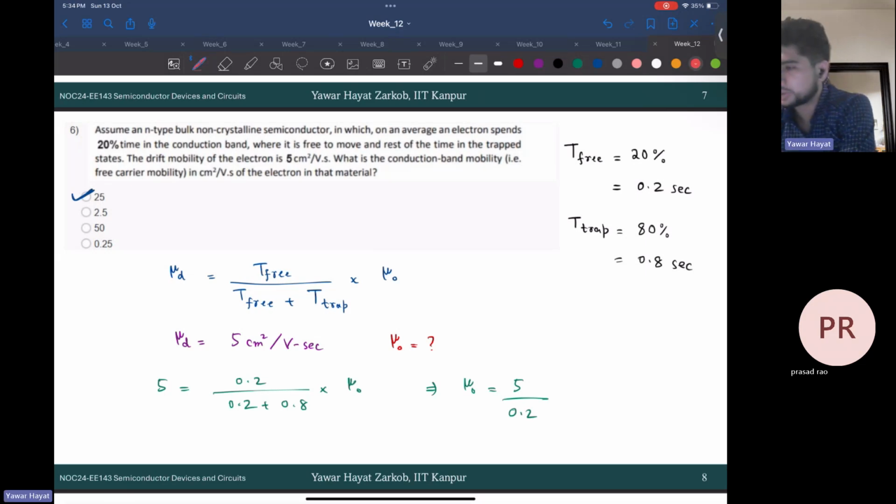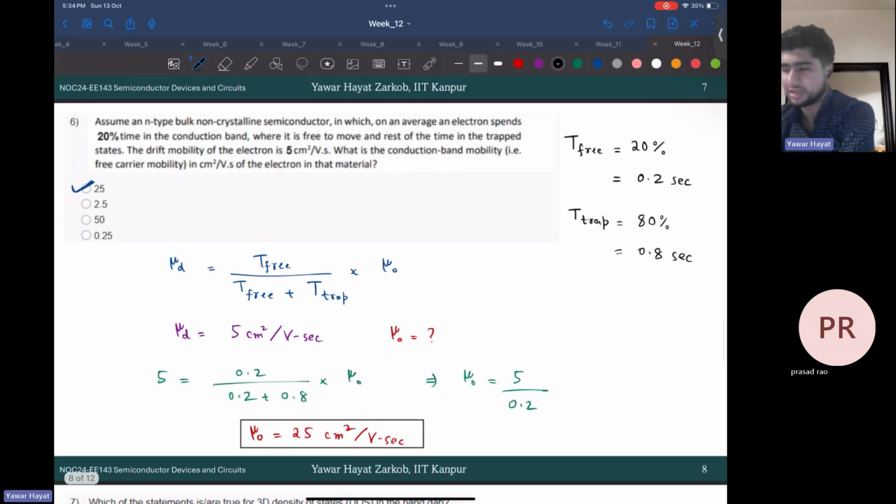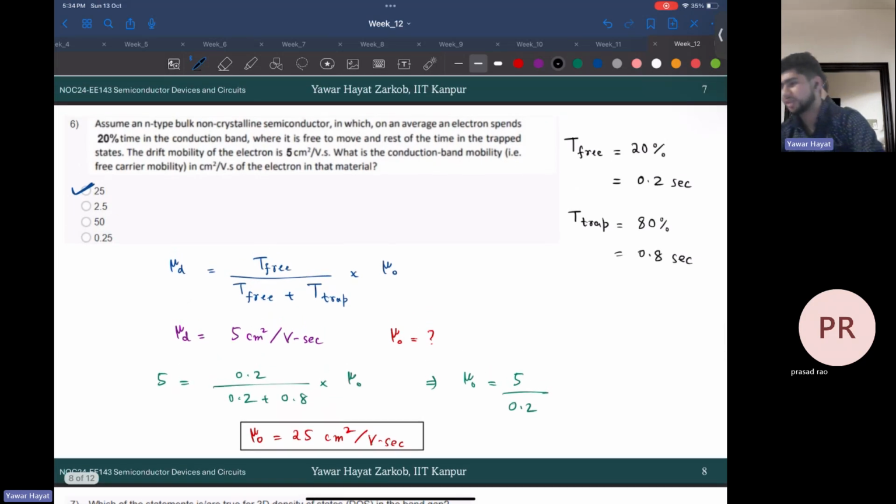So your mu naught is 25 centimeter square per volt second. Done. So which is the answer that was answered by Prasad.